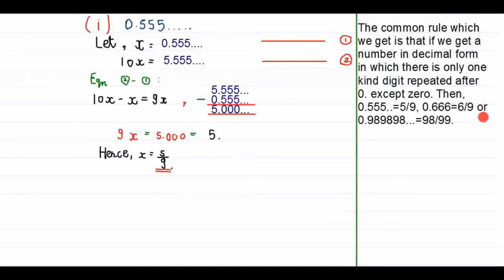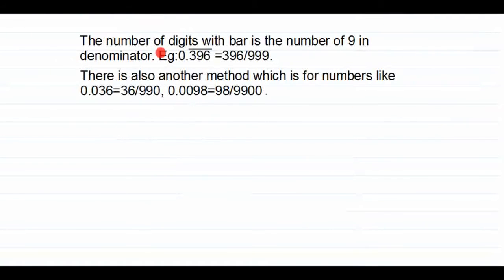Or if more than one digit set is repeated, like 9, 8 is repeated in this case, so two numbers are repeated, we are going to put 98 divided by two 9s. Okay, so this is the rule, and there is something more about this. The number of digits with the bar on them is the number of 9s in the denominator.